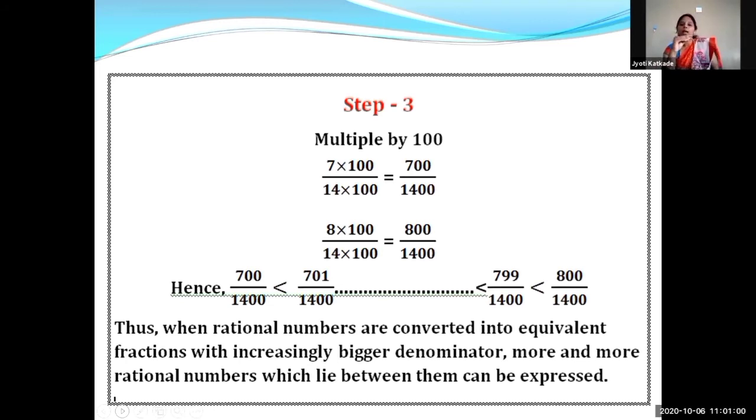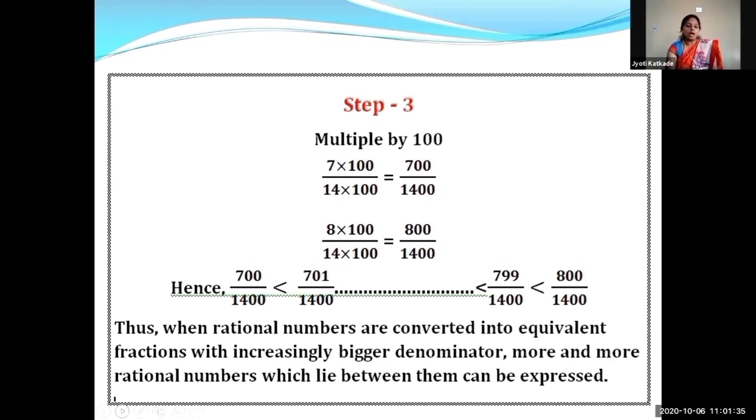Thus, when rational numbers are converted into equivalent fractions with increasingly bigger denominators, more and more rational numbers which lie in between them can be expressed. Means when we take the equivalent fraction of any fraction, then the numbers in between increase. Means when we multiply by 1000, then the numbers in between also increase. In this way, we can find the numbers in between two fractions or two rational numbers.